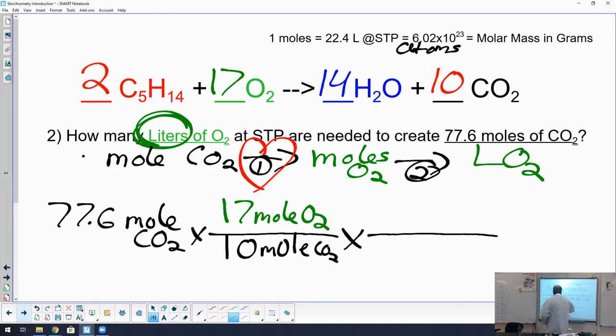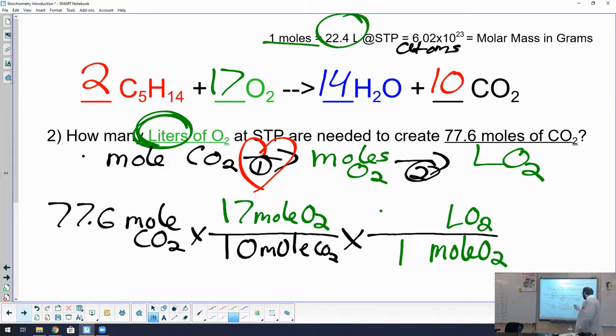The big difference here is that in our second step, we want to take those moles of O2 and convert them into liters of O2 when we're at STP. So, thankfully, we know that amount, right? 1 mole of any gas is equal to 22.4 liters.